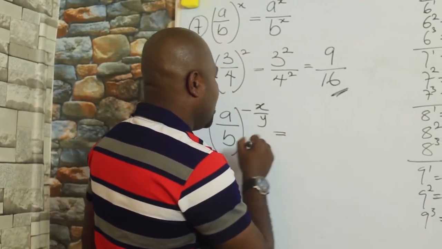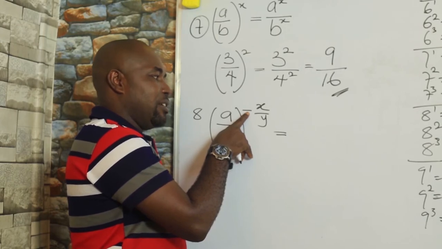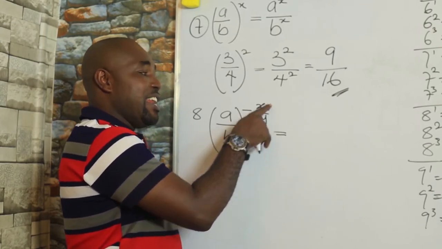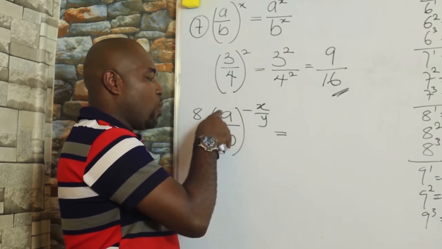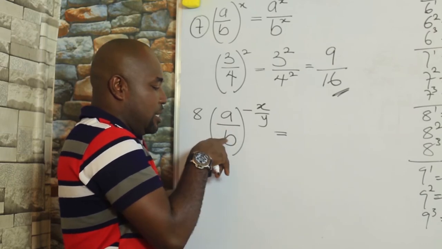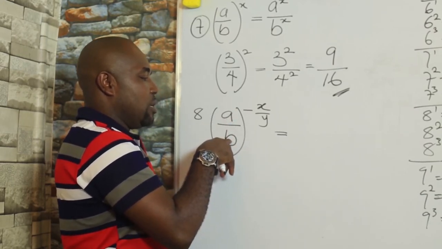This is equal to, this is a negative sign. And for us to do away with this negative sign, the index will remain, but we shall transform this fraction here. The denominator will come up while the numerator will come down.